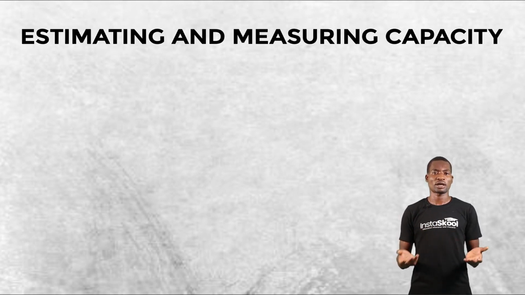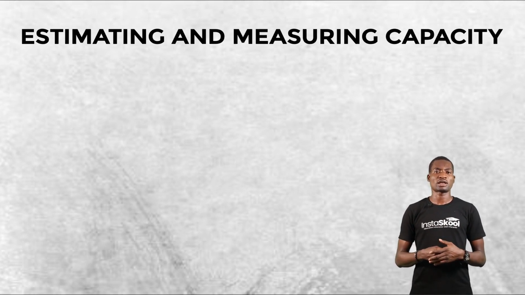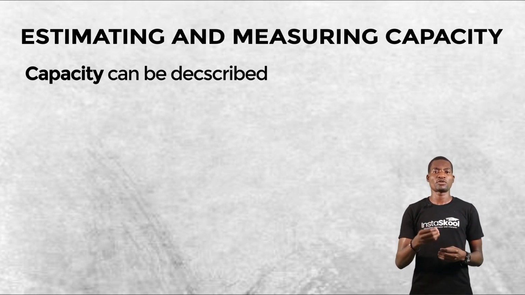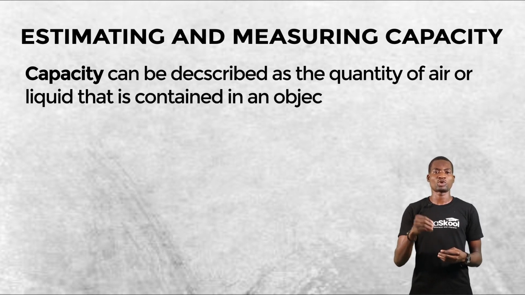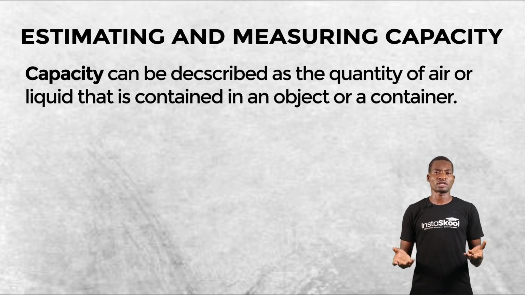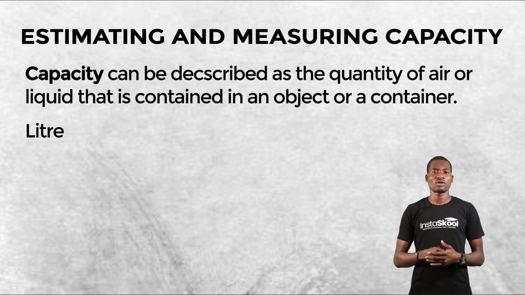The last section of this lecture is to estimate and measure capacity. What is capacity? Capacity can be described as the quantity of air or liquid that is contained in an object or a container. Capacity is usually measured in liter or centiliter.